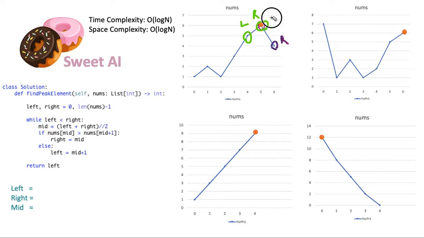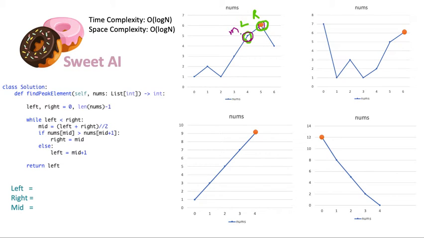What we are going to do is calculate the middle index for these two, which is 5 plus 4, which is 9. 9 divided by 2, and we are going to get an integer number. It's going to be 4, so this is going to be the middle pointer, right?